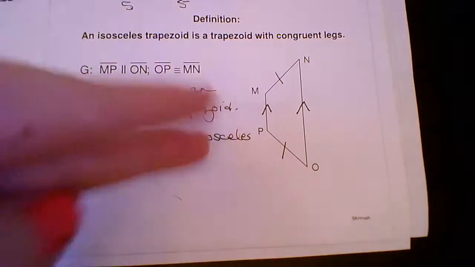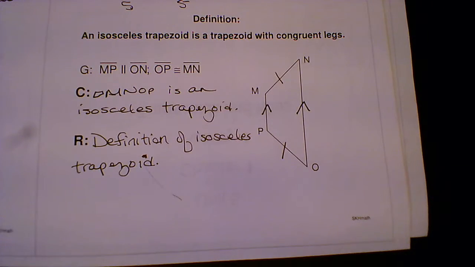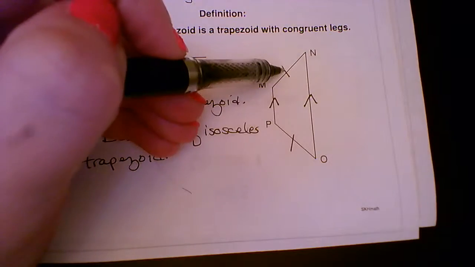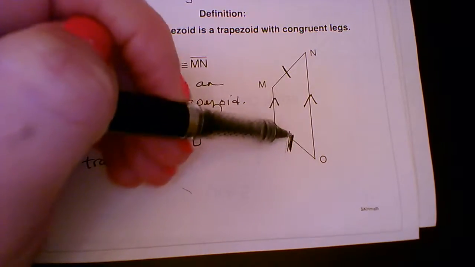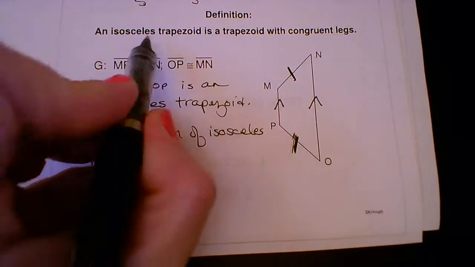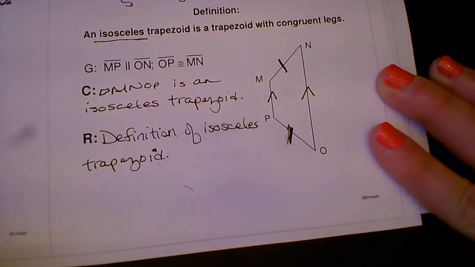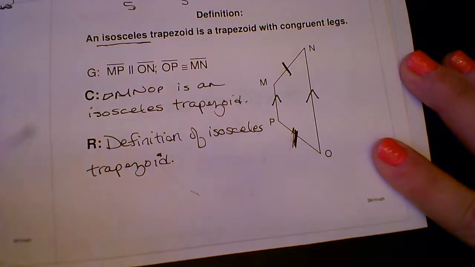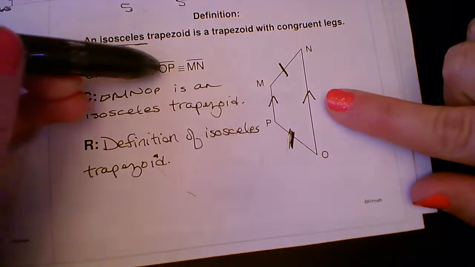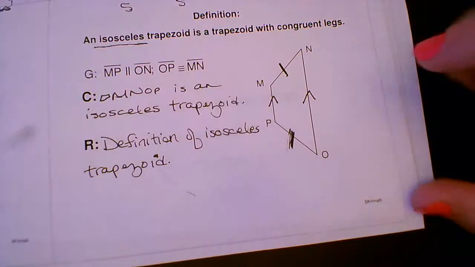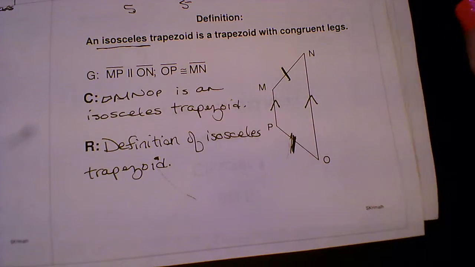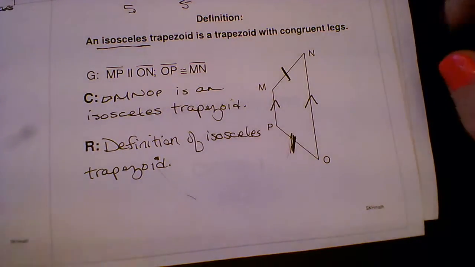Even though it's turned differently, base does not mean bottom here. In a trapezoid, base means the ones that are parallel. And so the ones that are not parallel are those legs, and in an isosceles trapezoid, those are congruent. So if I know I have a set of parallel sides and a set of sides that are congruent, that are my not parallel ones, then we can prove it's an isosceles trapezoid.